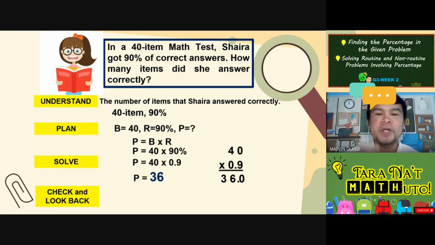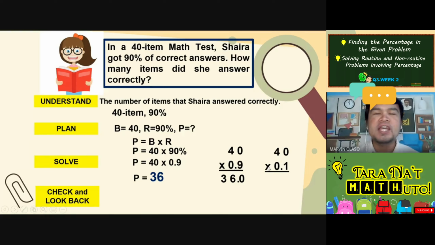It's 10%. So let's multiply to find how many Shaira got wrong by multiplying 40 times 10%. The 10% in decimal is equal to 0.10 or 0.1, so let's use 0.1.